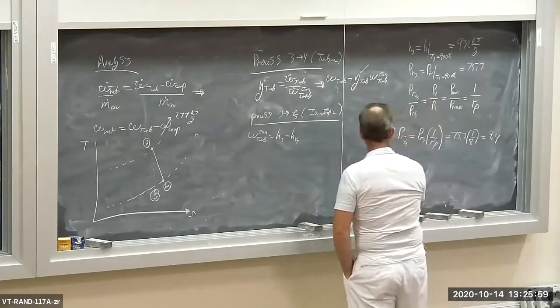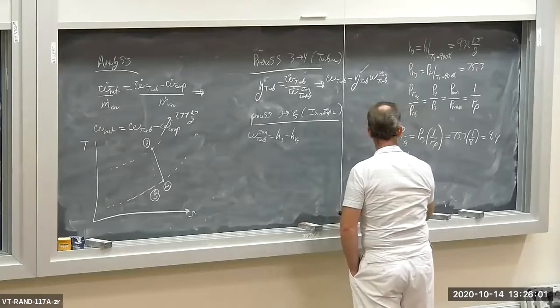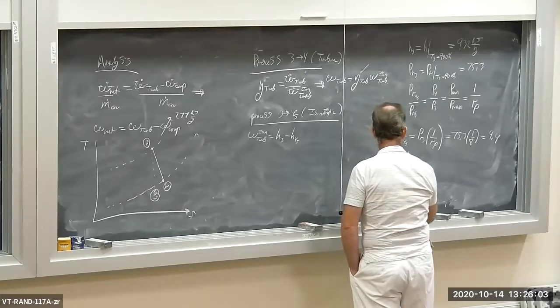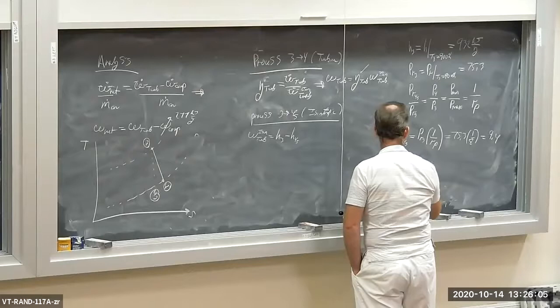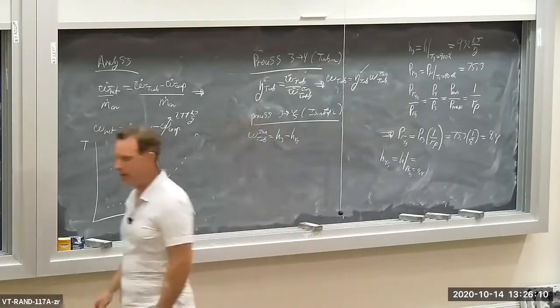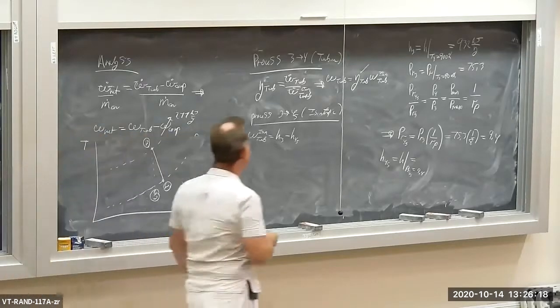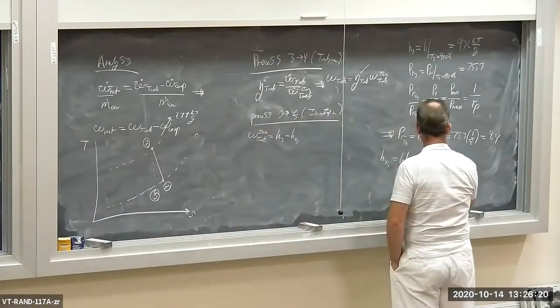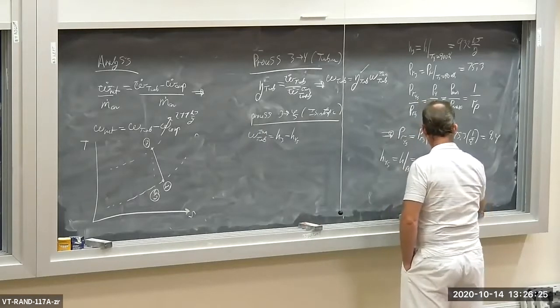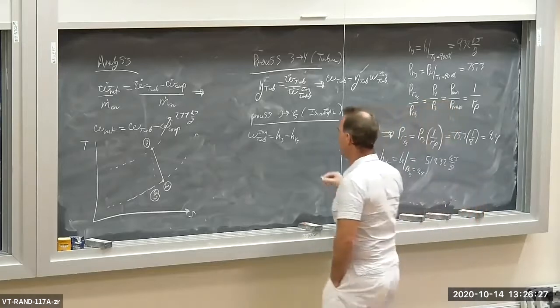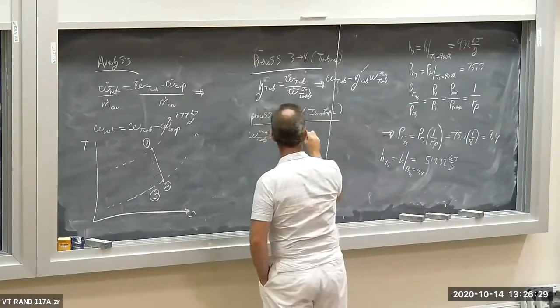So H4 sub S is H evaluated at PR4 sub S, which is 9.4. I can get that out of a table, and I get 519.32 kilojoules per kilogram. Okay, I have H3, I have H4.